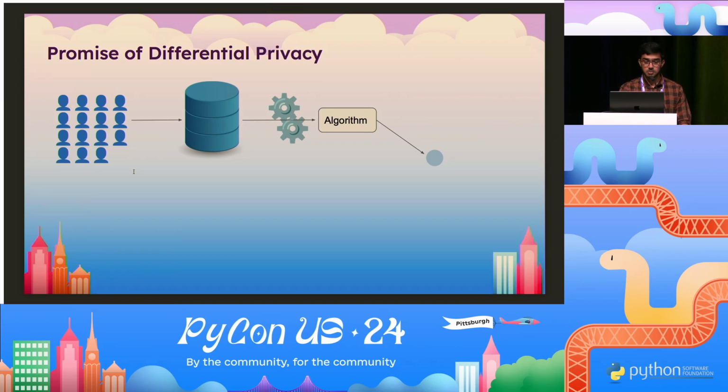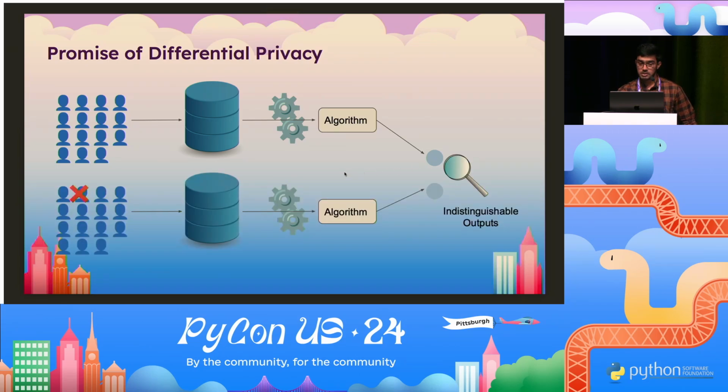Just to put it pictorially, imagine we have a data set of, say, 100 individuals. We run an algorithm on top of it and we see a certain result. Now imagine we have another data set where we just removed one of the individuals. We ran the same algorithm, and we get another output.